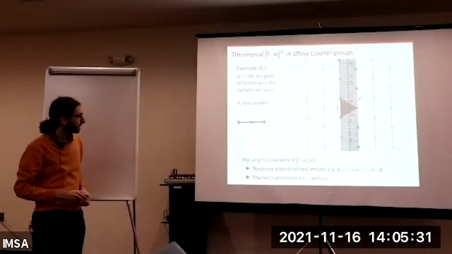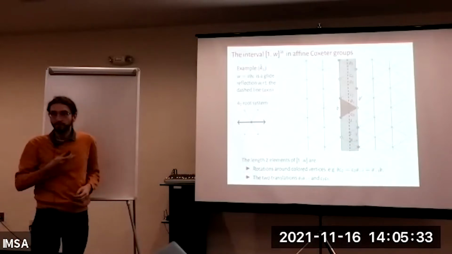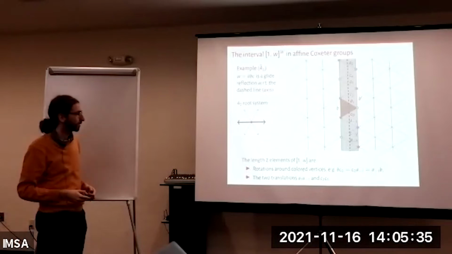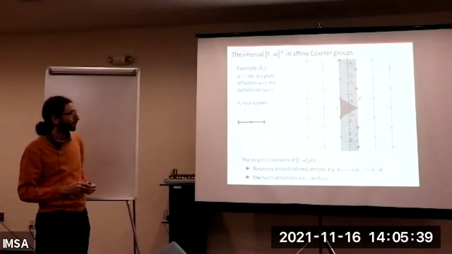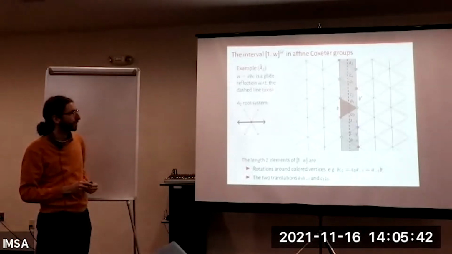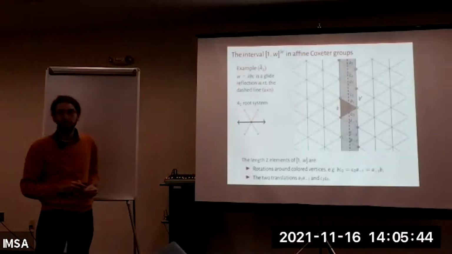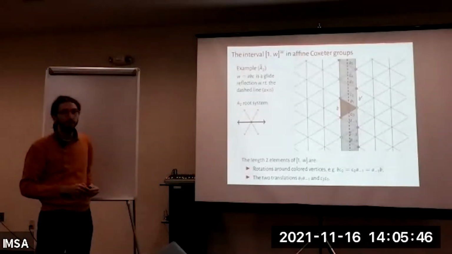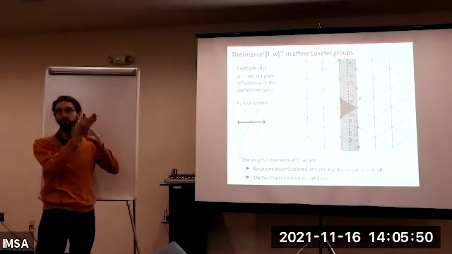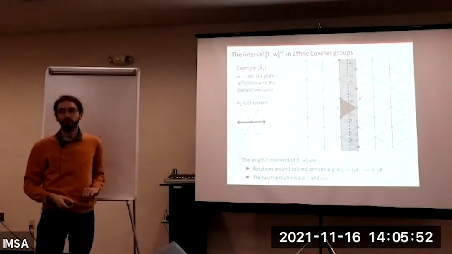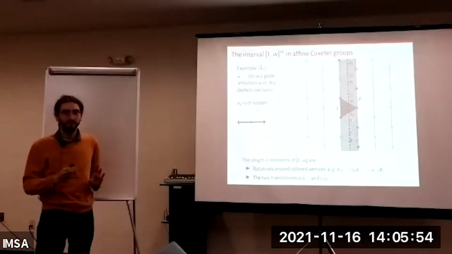And also the level 2 is actually quite easy to figure out. Turns out that you have one rotation for each of the colored vertices and 2 translations. Okay. So there are kind of 2 translation directions which work out and nothing else.